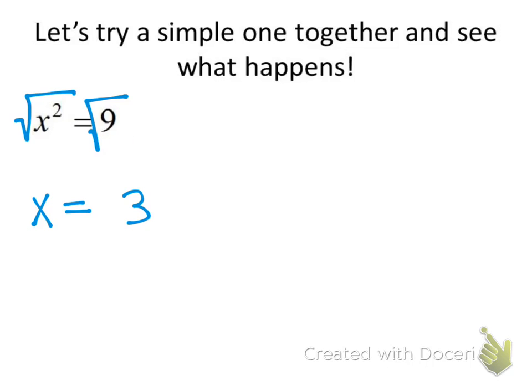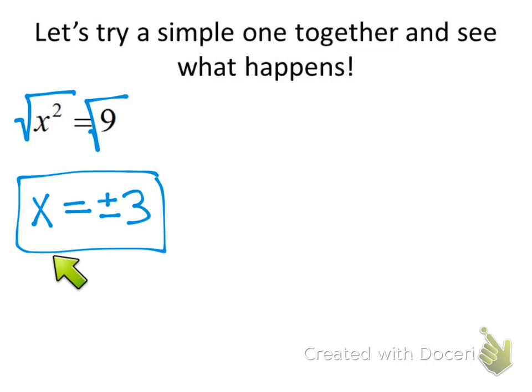Everybody with me? The way we show that is using this symbol right here. Plus or minus 3. That means you could plug a positive 3 in, and it works. You could plug a negative 3 in, and it works. Does this look familiar to anyone? When did we talk about something like this? Chapter 8. The section about the dots problems. Remember, difference of two squares?